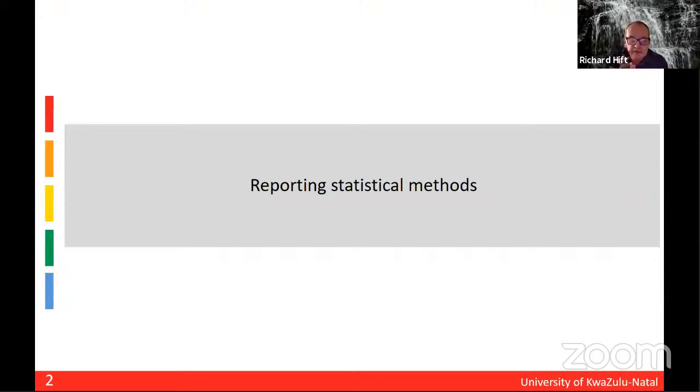Right. Now, the first thing is your methods. I find that when people ask me to have a look at their papers or their theses, whatever it is, often the statistical section of the methods is not only wrong, it's often completely wrong, completely confused, shows a complete and utter failure of any understanding of what actually happened to their data.